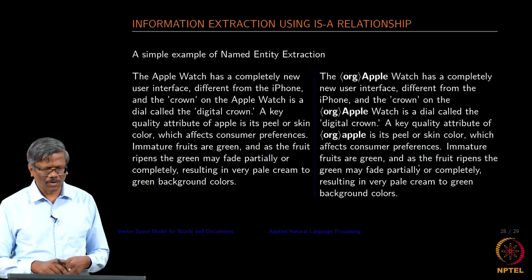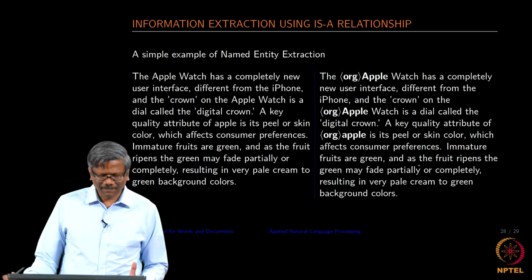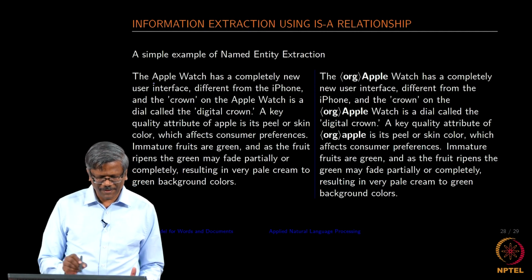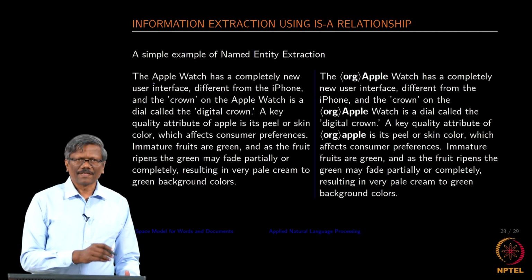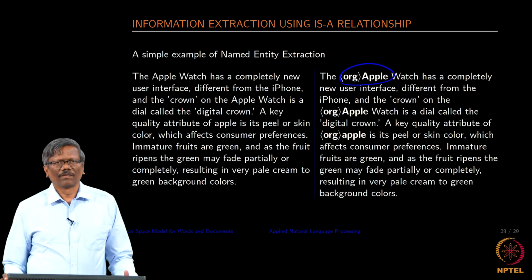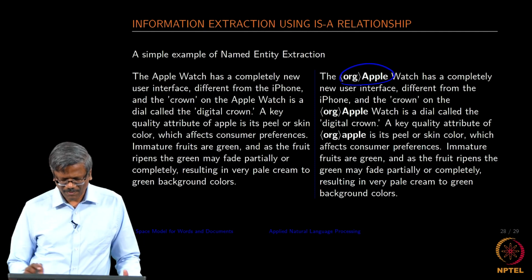Let us take a very small example. There is a paragraph on the left side where you have "the Apple Watch has a completely new user interface" and so on and so forth. And I run this application and then mark wherever Apple is present as an organization. Okay.